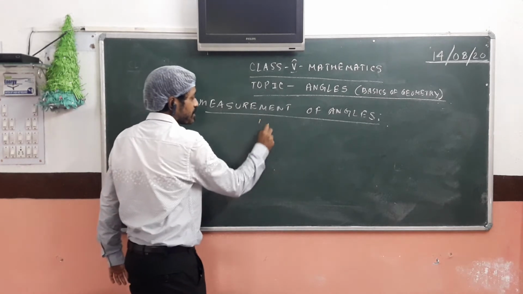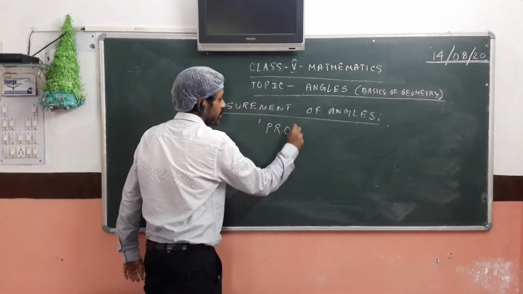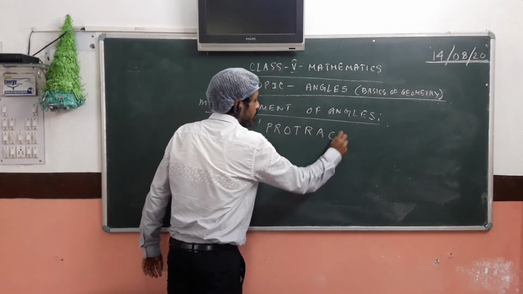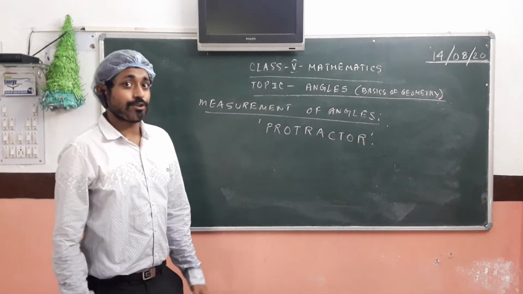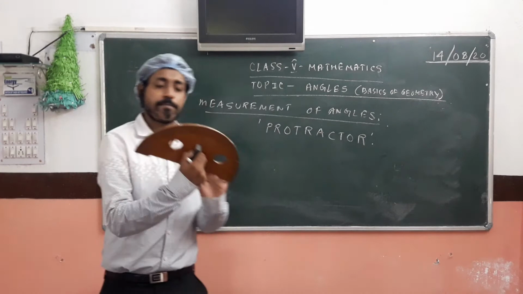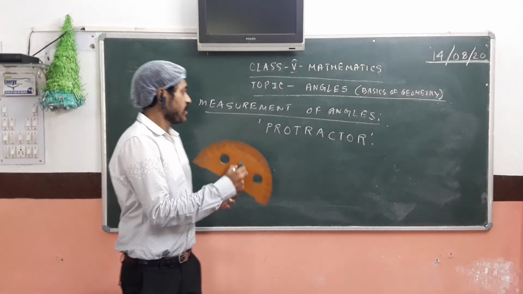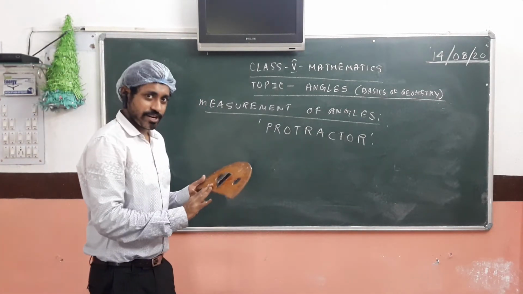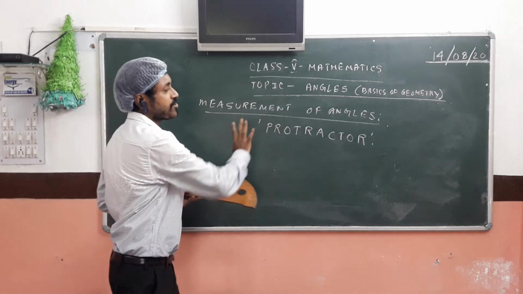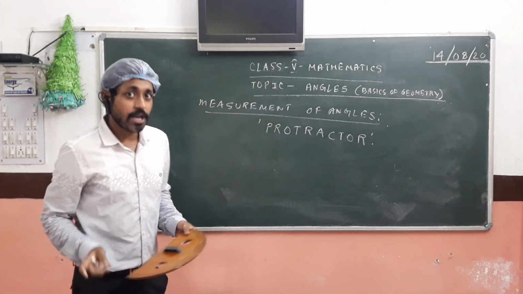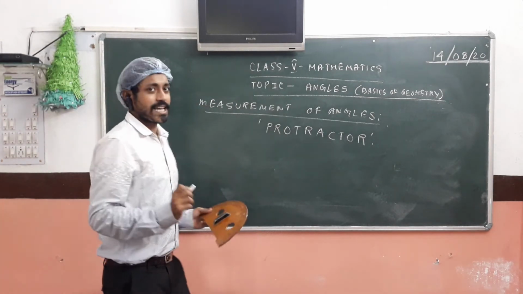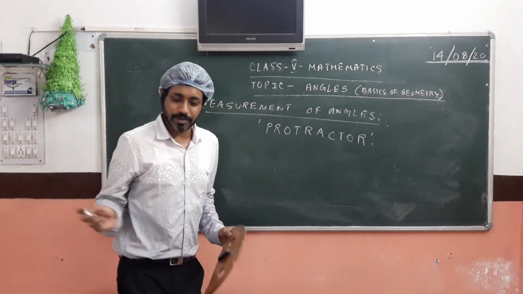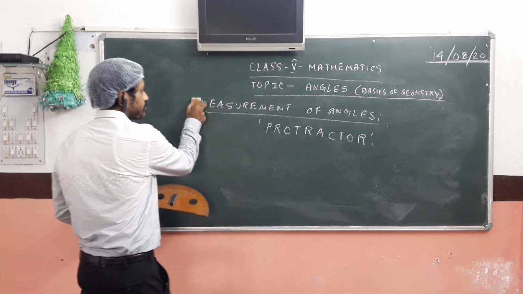One of those instruments is called a protractor. It looks like a semicircle. I have a bigger version of the protractor here, so we shall use it to measure any angle drawn on the board. But you will use the protractor in your geometry box to measure the angles given to you. Come on, let's start.